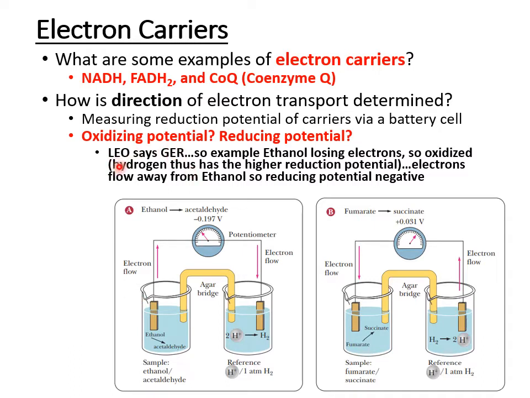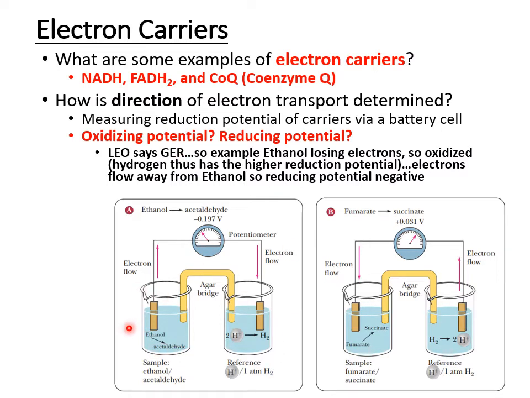So when you lose electrons, the LE, lose electrons, you're being oxidized. So ethanol, the electrons are flowing away from it. It's losing electrons. So the ethanol is getting oxidized, whereas over here on this side, the hydrogen side is getting reduced because it's gaining electrons, so it's reduced.